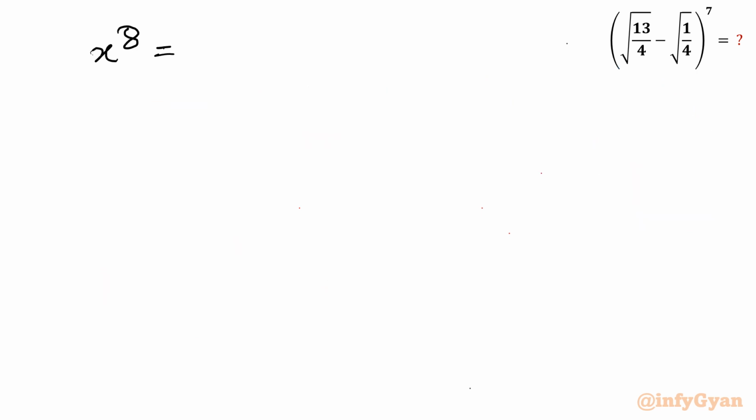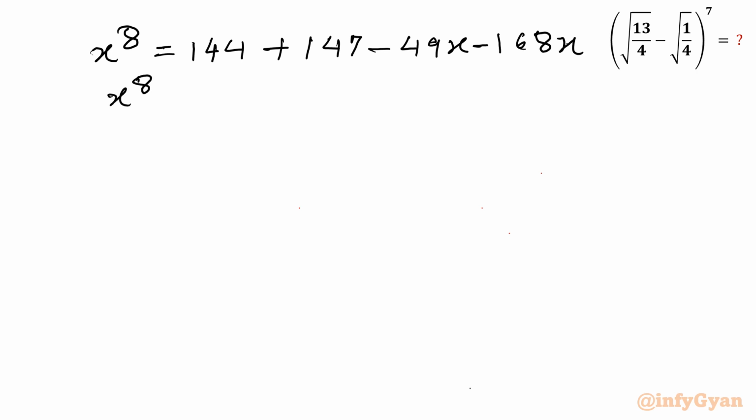X power 8 will be 144 plus 49 times 3, 147, minus 49x and minus 168x. Let us simplify the RHS: 144 plus 147, 291, minus 49 and 168, 217x.